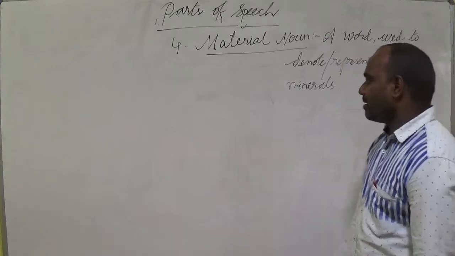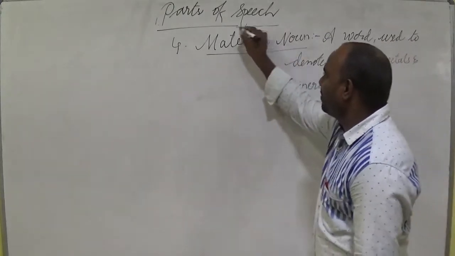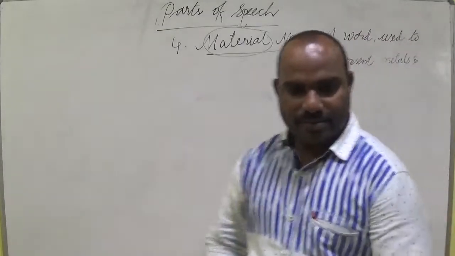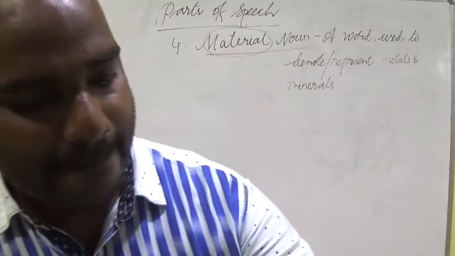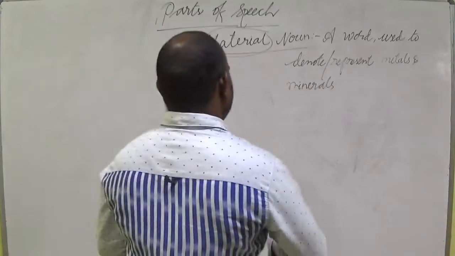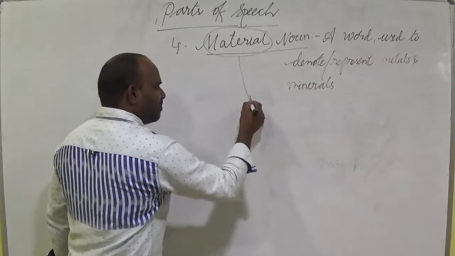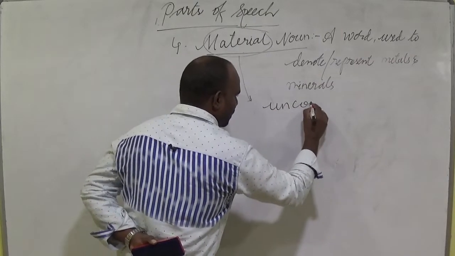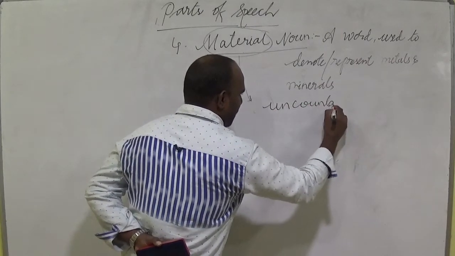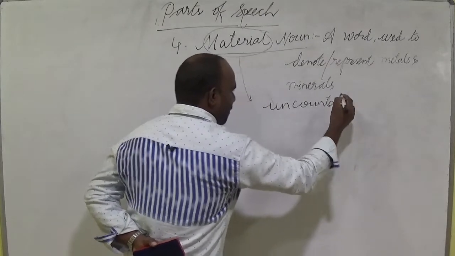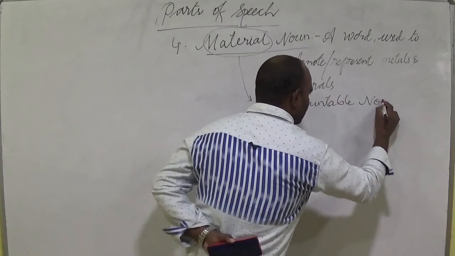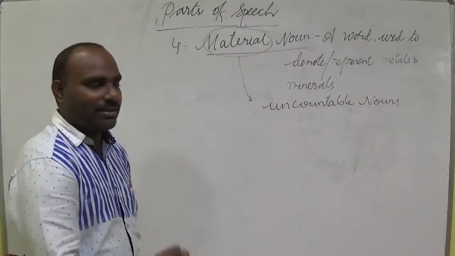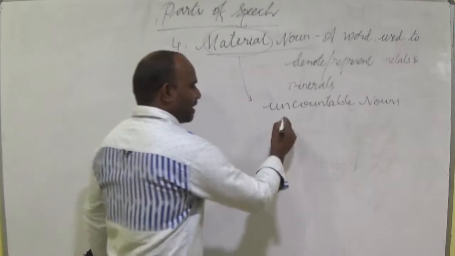All metals and minerals are considered material nouns, right? So these material nouns are always uncountable nouns. Material nouns are always uncountable nouns.